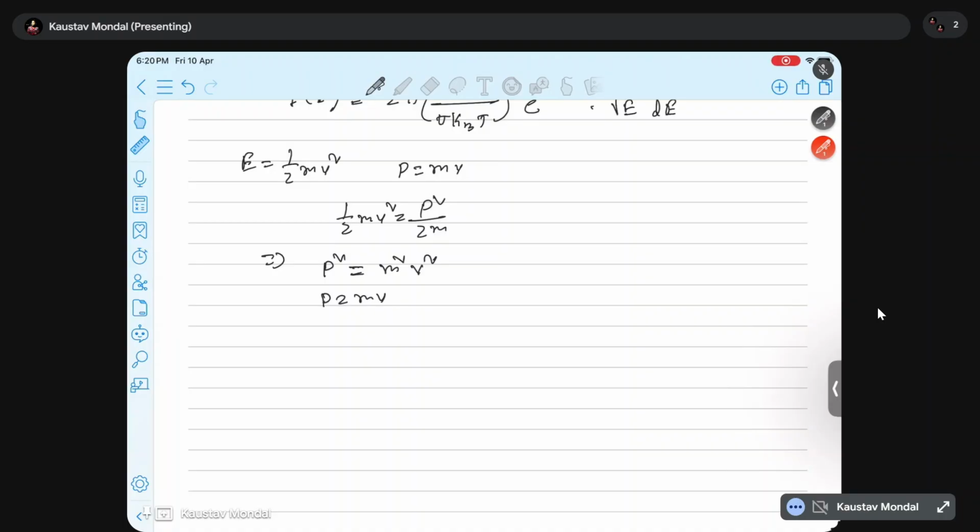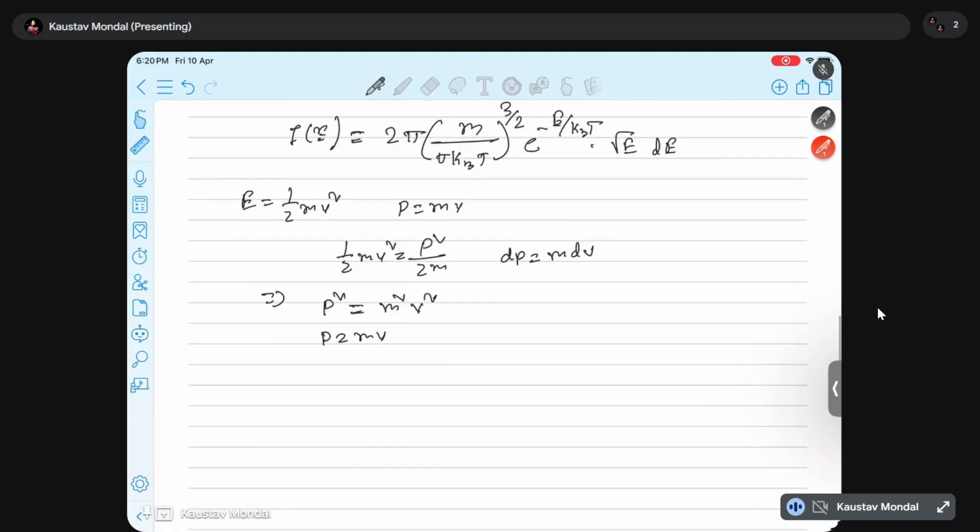This is the momentum basically. So dp would be m dv, right? So now in that case, the Maxwell distribution will become f(p) dp equal to (m by 2 pi kbT) to the power 3 by 2, e to the power minus mv square by 2kbT, 4 pi v square dv.